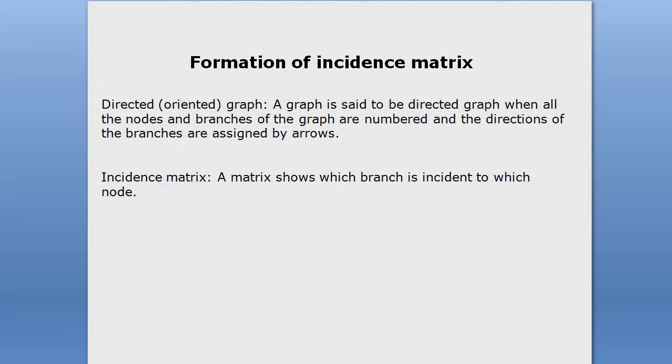And this matrix is applicable particularly for a directed graph, because this matrix shows which branch is incident to which node. That means there must be direction of the arrows or of the branches mentioned for this particular graph.